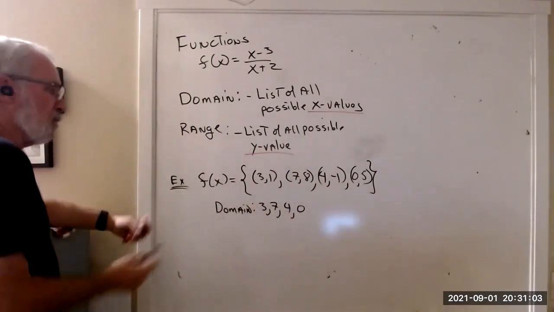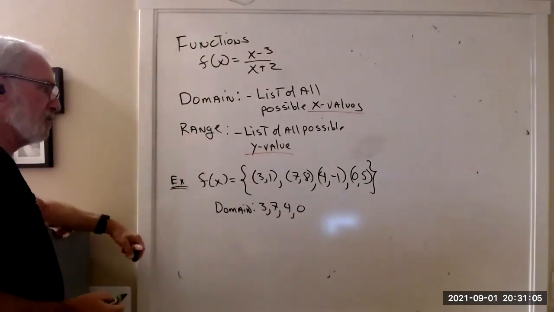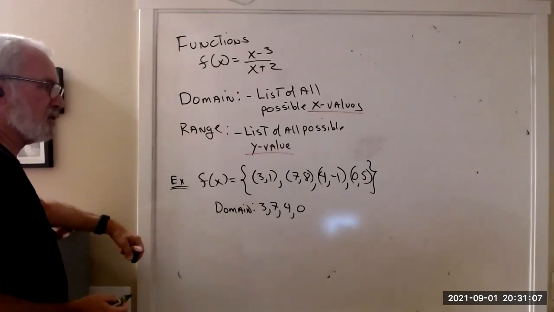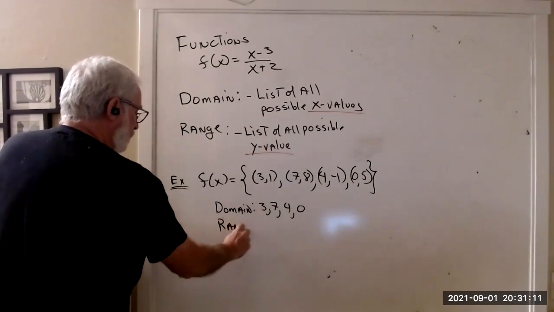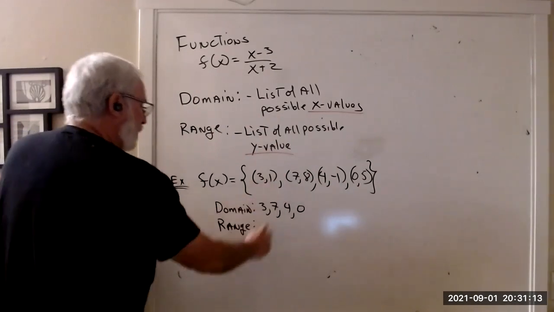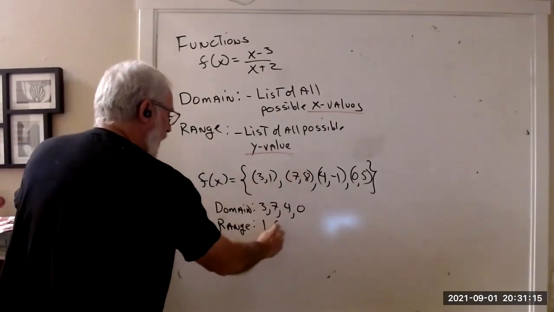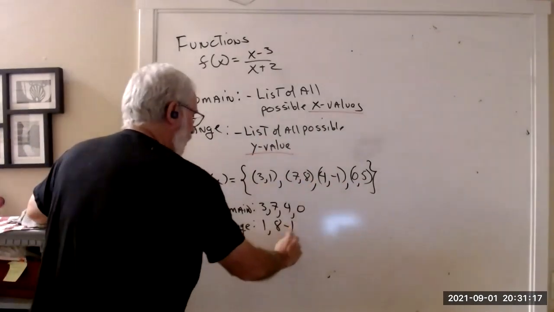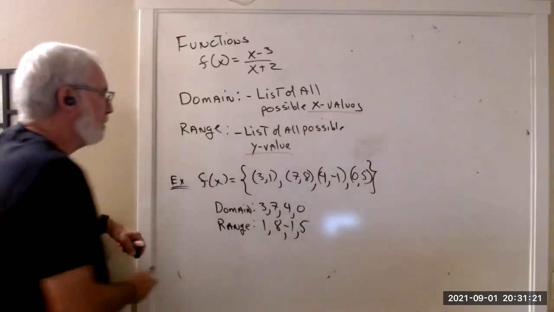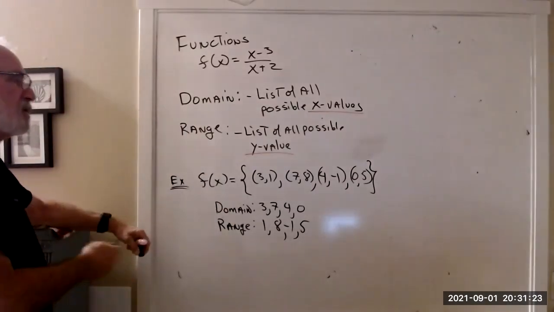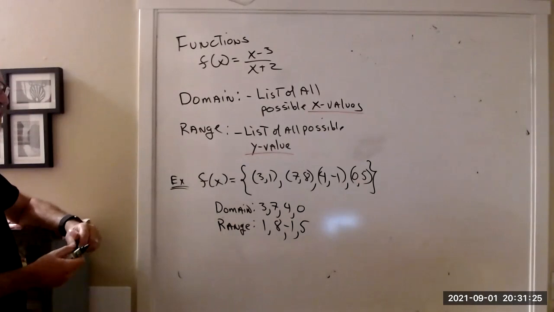It's that easy. Domain is those numbers. 3, 7, 4, 0. The range would be 1, 8, -1, 5.